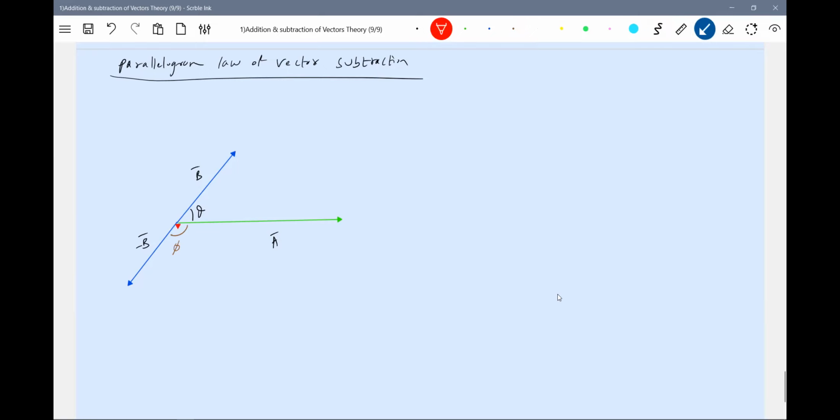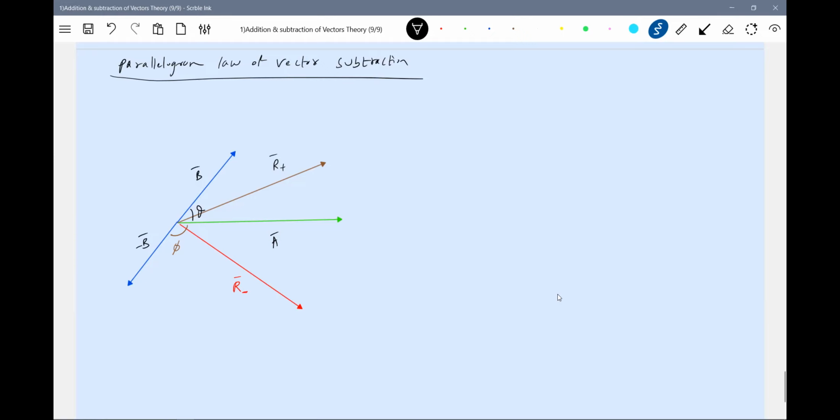The resultant will be directed somewhere here, R minus. And R plus, how will it be directed? R plus will be directed here. So what was the formula for R minus?